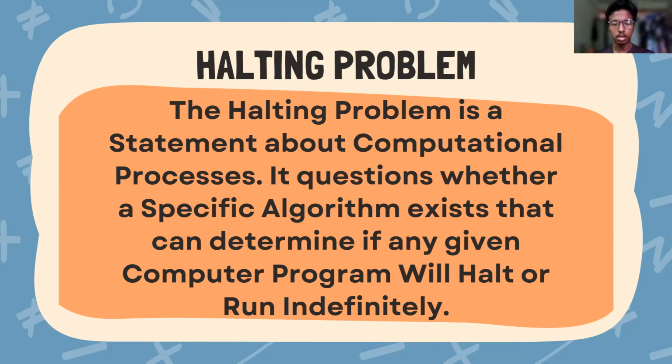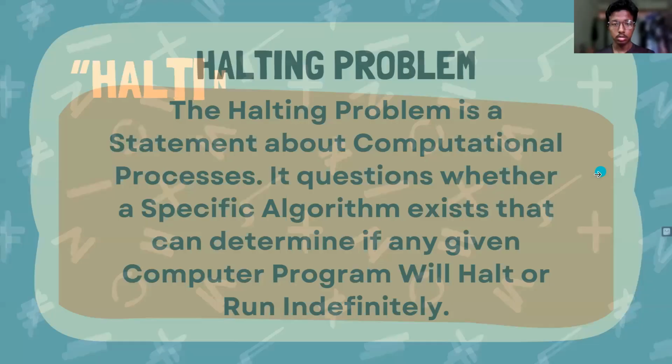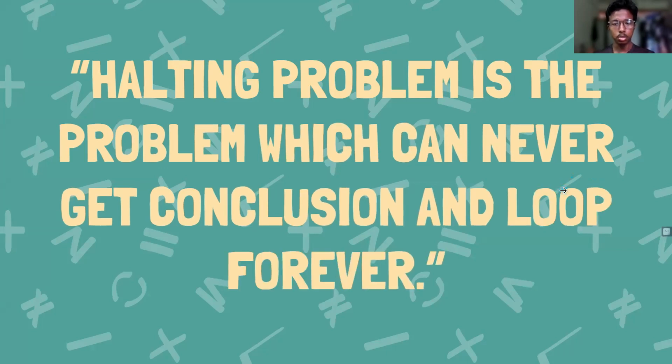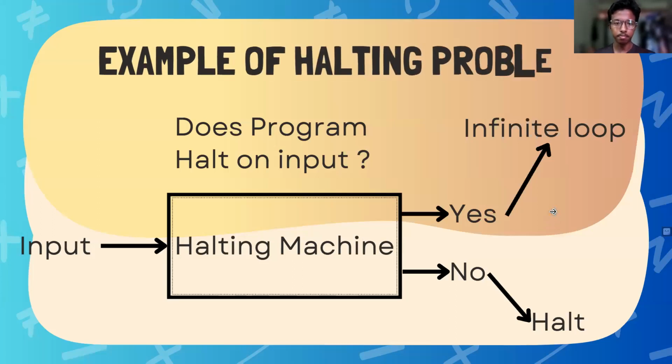Basically, the halting problem is the problem which can never get a conclusion and it will loop forever in the program. For example, I will show you a diagram on how the halting problem happens.